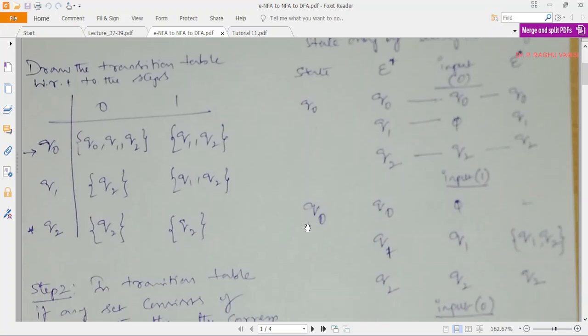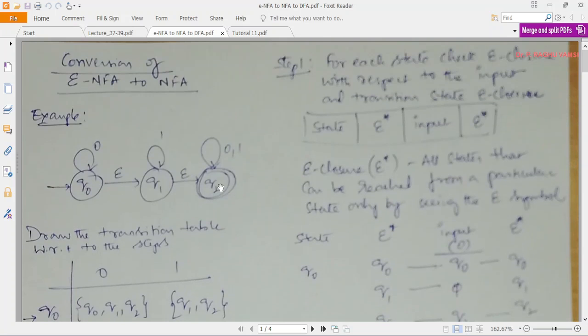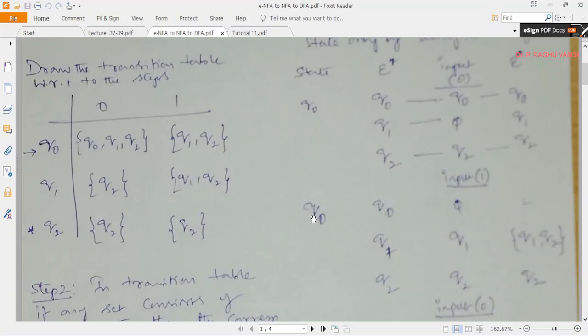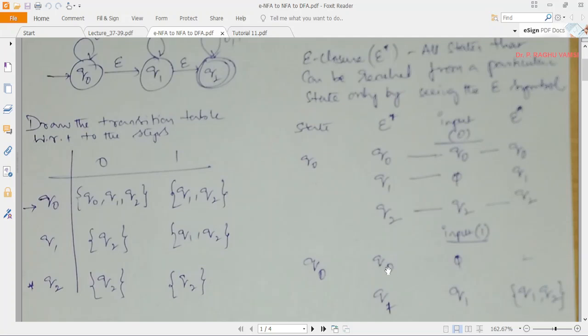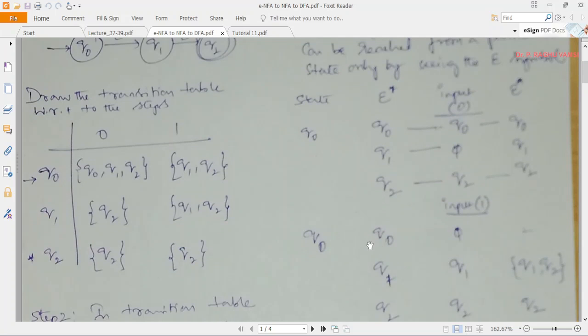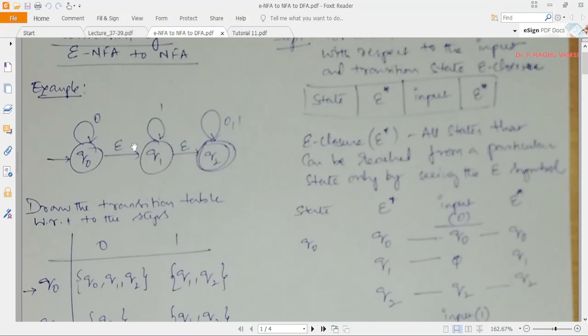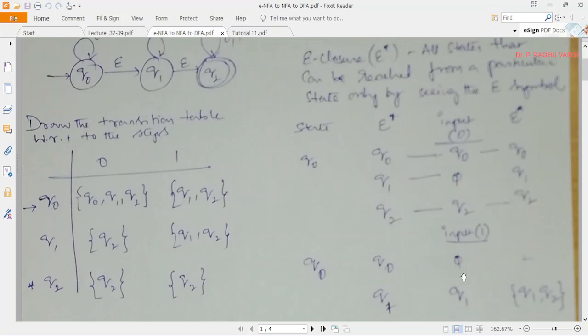The epsilon closure of the input state Q0 is Q0, Q1 and Q2, because the epsilon closure of the same state is itself, plus the other states you can visit by inputting epsilon. Now for every state in the epsilon closure, pass the input 1. Q0 on 1 is not available, so we get the empty set.